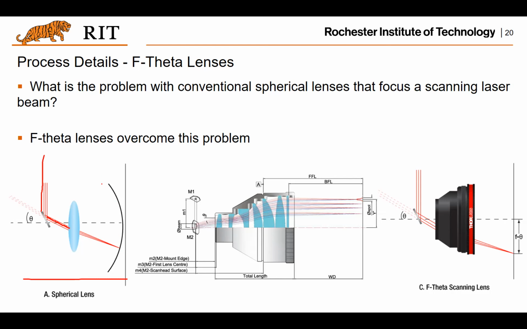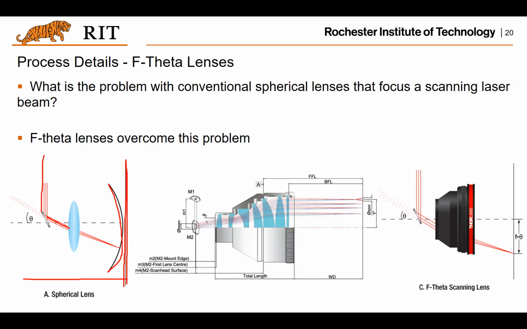Something like this. But on such a curved surface, their focus is on this curved surface instead of this plane. But what we want in the process is to have the focused laser spot on this 2D plane, which is where the one layer is located.